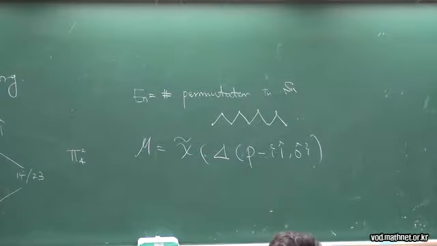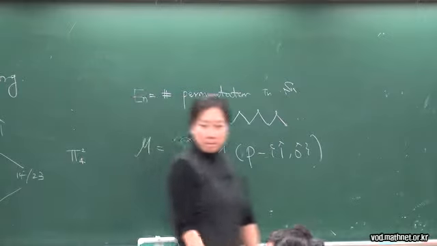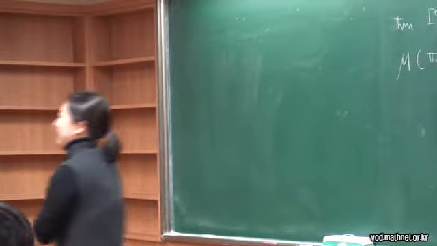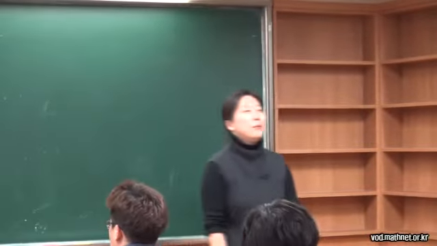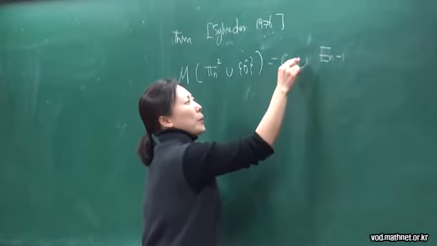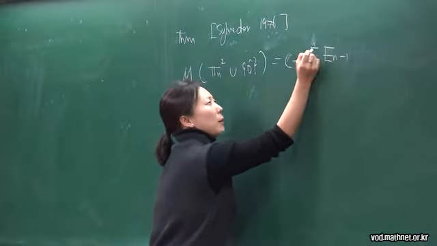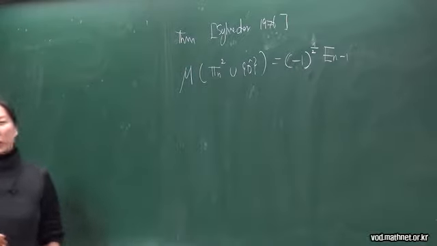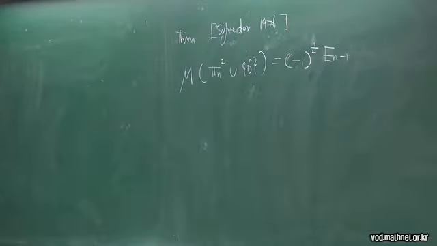Does n have to be even? Yes, it does. You're right. Okay, so n is even. I think there is a typo, I don't remember exactly. Maybe n over 2. I will double check this. n is an even number always, so n over 2.